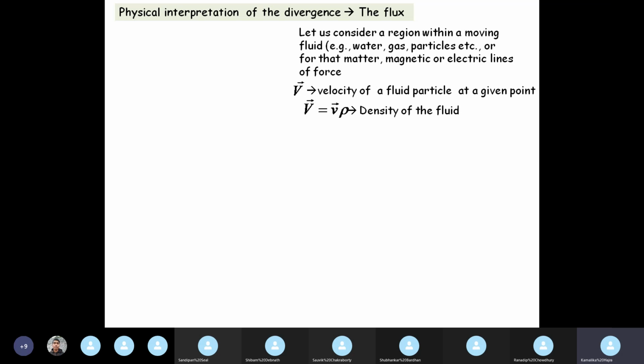This interpretation, in the beginning I'm telling you, will not come in the exam. No one will ask you to write the physical interpretation of divergence or prove it. But I personally feel that in order to understand an operation, it is very important to visualize it and have a clear understanding of what is happening, because this is physics we are studying.